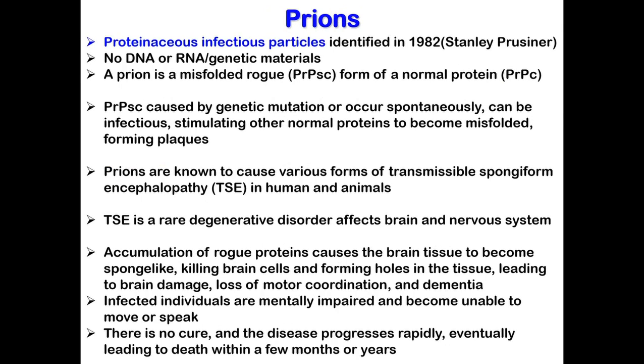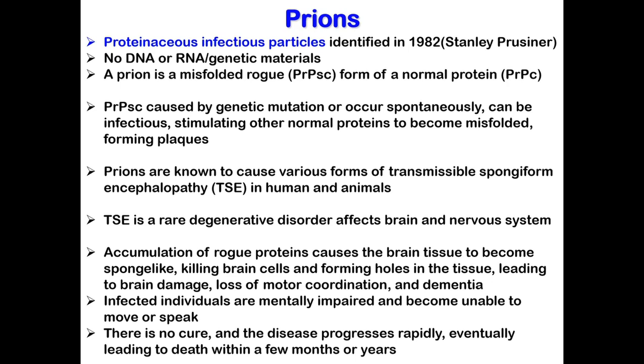So prions are proteinaceous infectious particles, first identified in 1982. They don't contain any DNA or RNA or genetic material. Prion diseases are also called transmissible spongiform encephalopathies, or TSEs, and these are fatal neurodegenerative disorders that have attracted enormous attention, not only for their unique biological features, but also for their impact on public health.